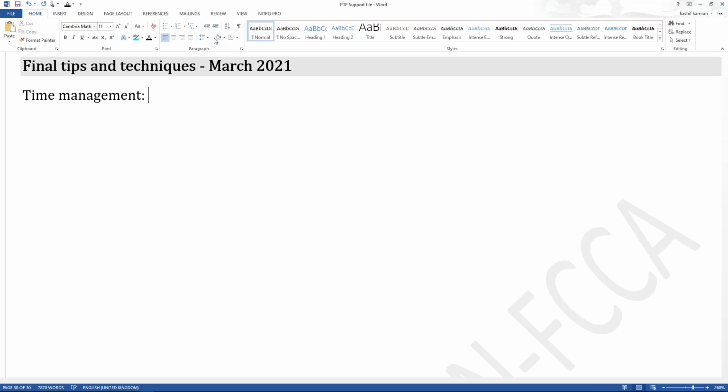But an ideal average of completing the paper is 90%. If you complete your paper up to 90%, that's quite fine. And if you've done a good 90% paper, you will pass in the first exam sitting.